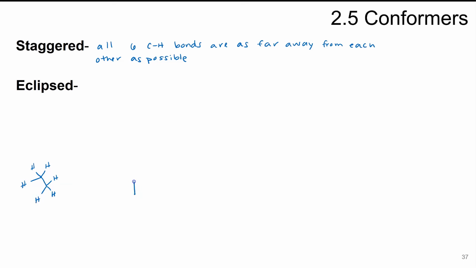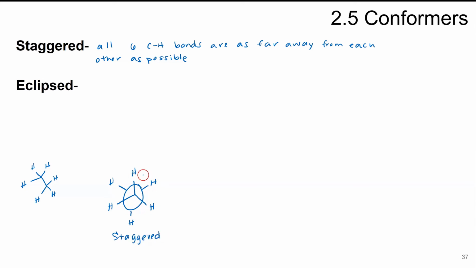But the front carbon here had an H. These are coming out at the correct angles here. The back carbon also shows 3 H's. This is the staggered conformation.